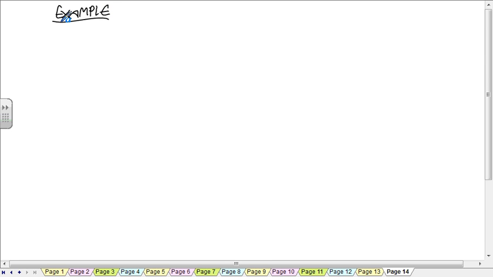So how about this? Say that there is a hill that you're going to approximate as the function y equals x squared in meters. That probably is a pretty steep hill.